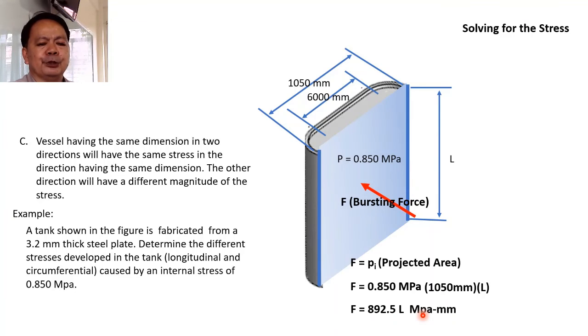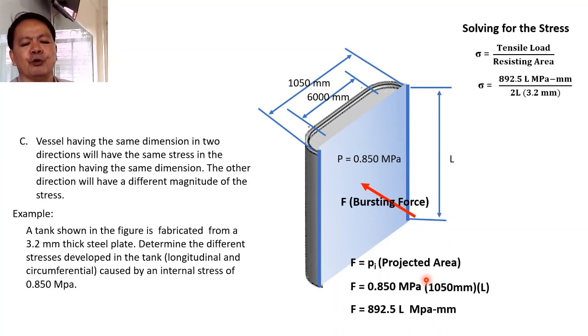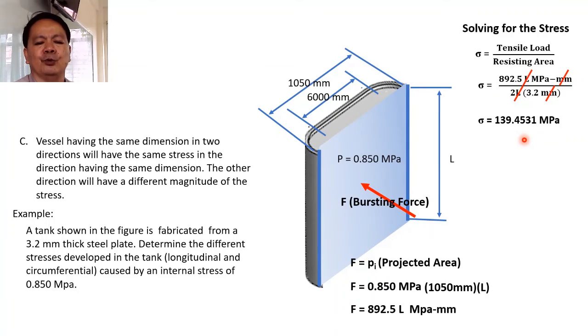Now, if this will be substituted here in the formula for the stress, which is the ratio of the tensile load divided by the resisting area, then our stress becomes 892.5 L megapascal millimeter divided by 2 L multiplied by 3.2. And then the result will be equal to 139.4531 megapascal.